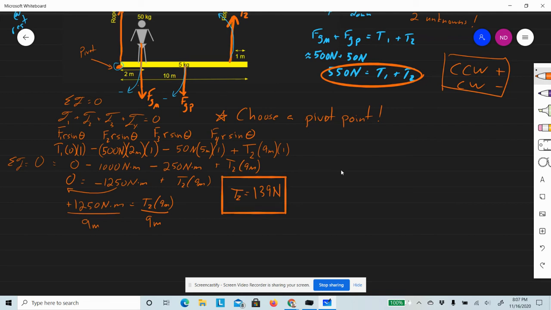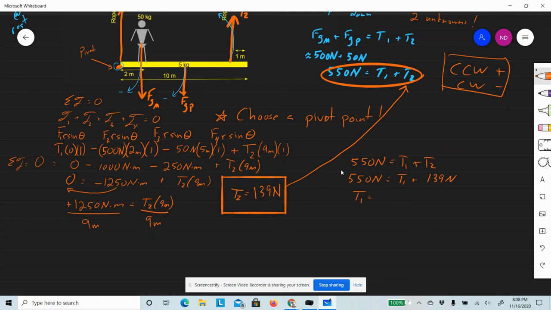That is very, very important. Now we can take that and bring that up into here. We had 550 newtons equal to T1 plus T2. Now we know T2, so 550 newtons equals T1 plus 139 newtons.